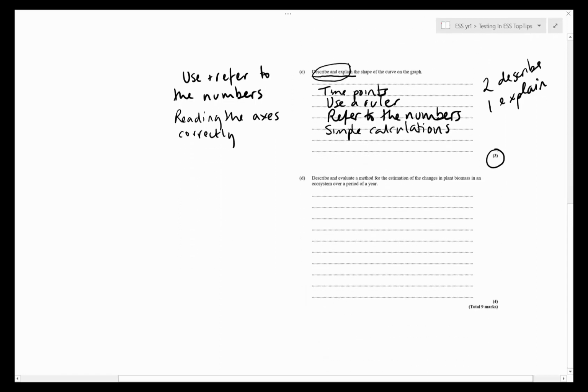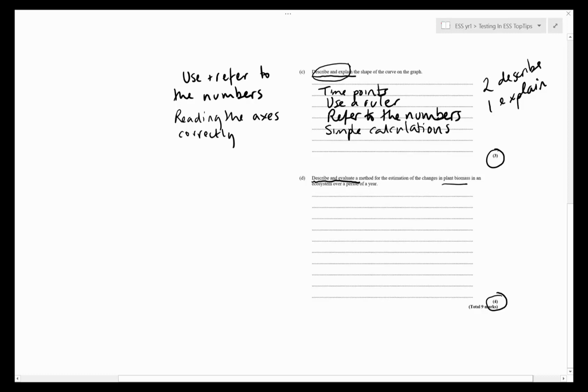And then the final question here is, we've got 4 marks, and it's another 2 command question, which doesn't really happen now. Exam setters try and just use 1. So here it's describe and evaluate the method for estimation of changes in plant biomass in an ecosystem.